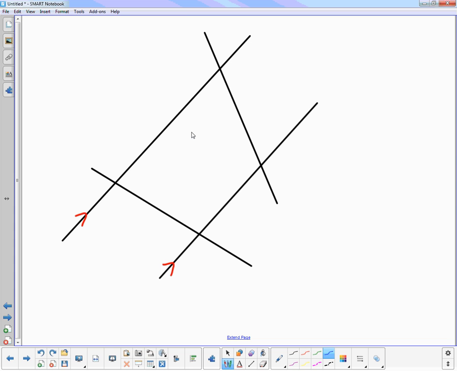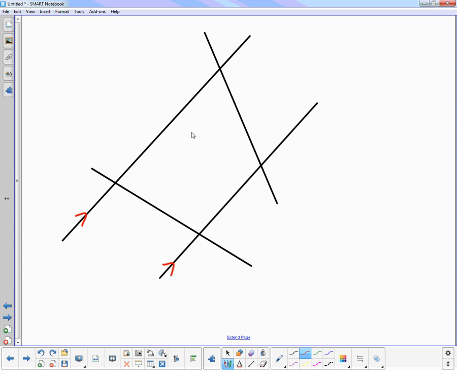Like on the top of page 14 or in the middle of page 13, right? First of all, only one pair of lines in this problem is parallel. Only one pair. The other pair is not.